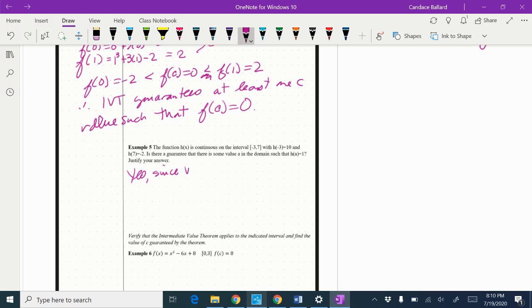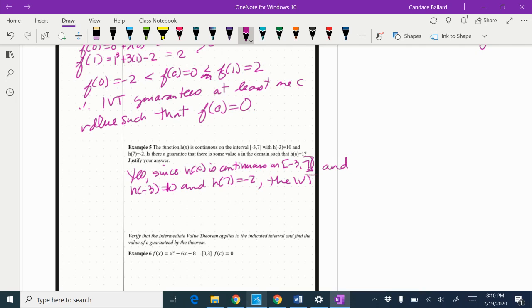Since h of x is continuous on the interval from -3 to 7, and they gave us the calculation, h of -3 equals 10, and h of 7 equals -2, and I'm going to write it slightly differently this time.